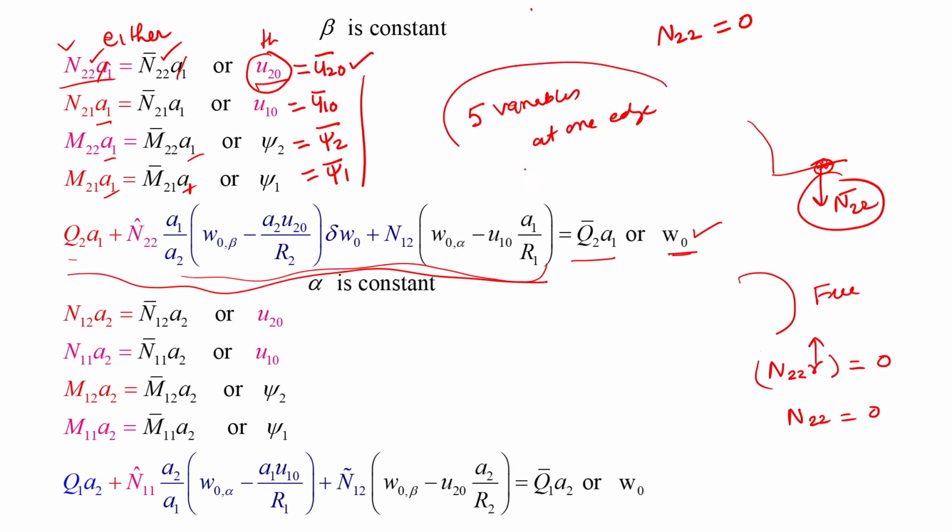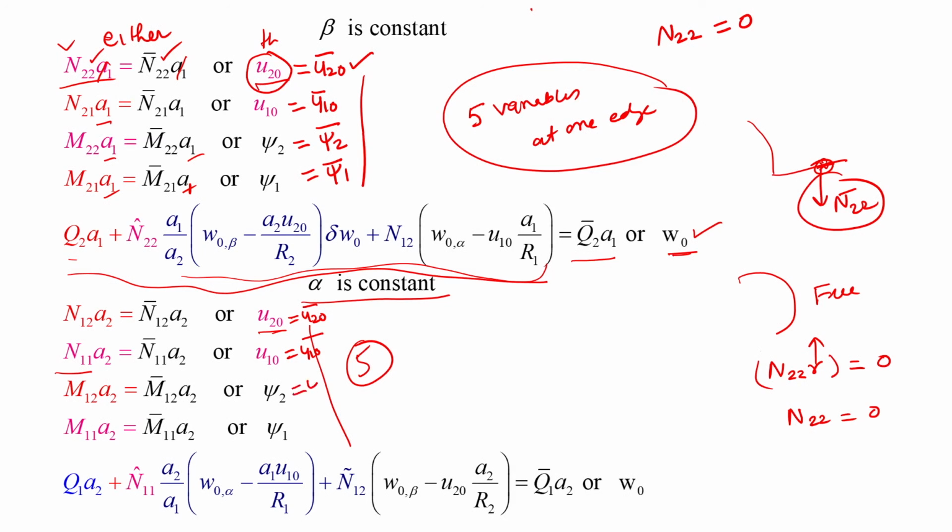Out of these variables we have to choose on the edge where beta is constant, and on the other edge where alpha is constant, we have another 5 variables. There either N12 or U20. Again I would like to say U20 bar, applied one, normal stress resultant N11 or U10, or M11 or psi 1, then Q1A1 and Q1A2.